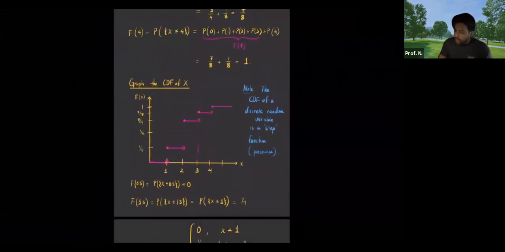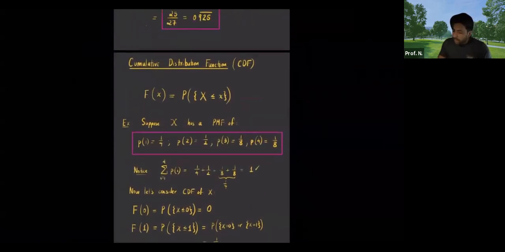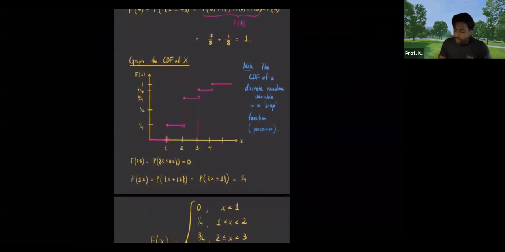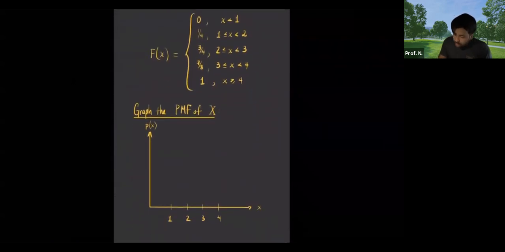So what's the highest probability that we have? It's a half. So I'm going to write this as a half. This is a fourth, and this is an eighth. There are different ways to represent this graphically, but normally people use bar graphs.